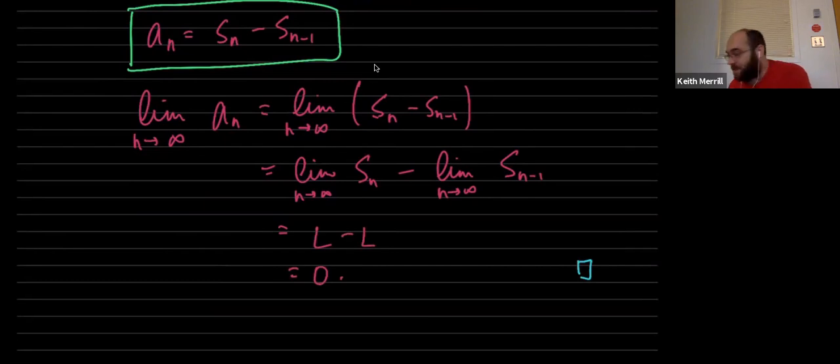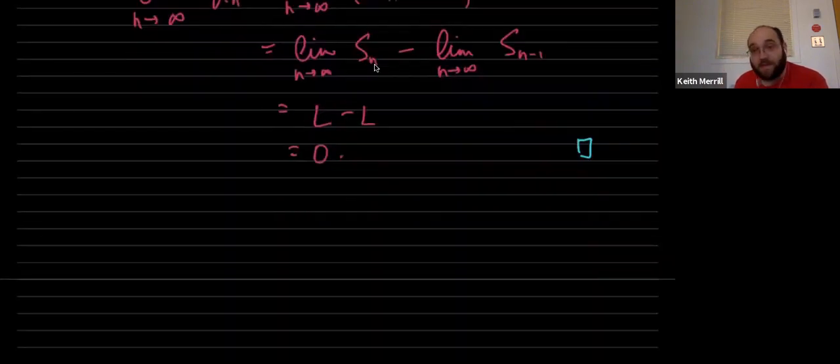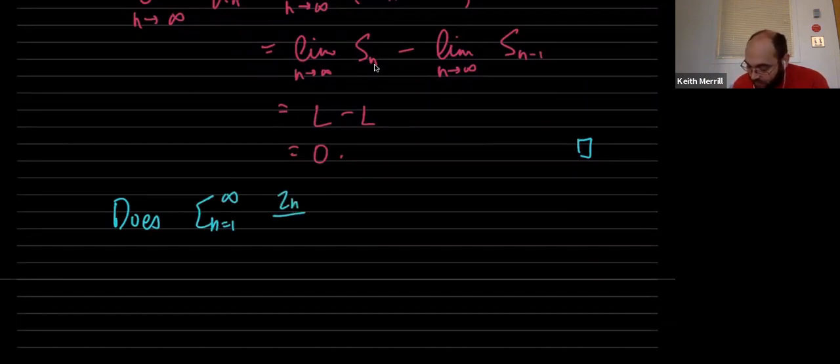So I want to say real quick, this theorem is fantastic because when it works, you're done immediately. Let's do a very simple example to highlight how this can tell us something. A question might look something like, does the summation from n equals 1 to infinity of 2n over 3n minus 1 converge?